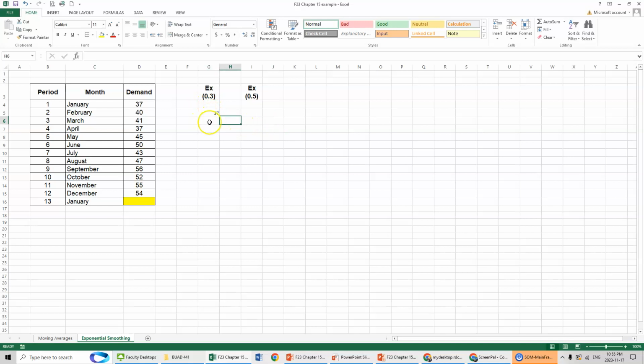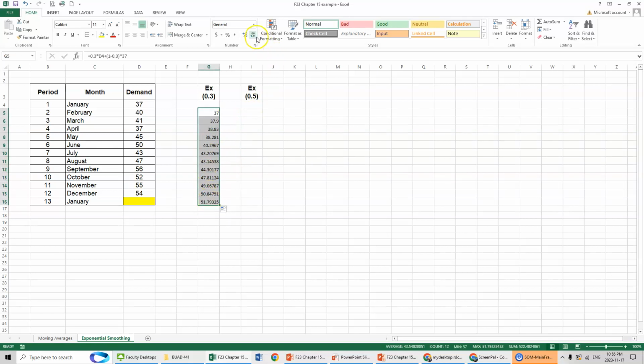Now to change our second one, and then we can copy this down, we're going to do the same thing, 0.3 times the previous month's demand plus 1 minus 0.3, we could probably just type in 0.7, times the previous month's forecast. So we would forecast for March 37.9. And then we can copy this one down.